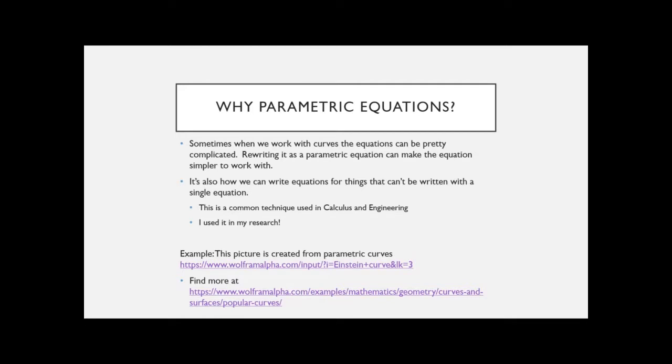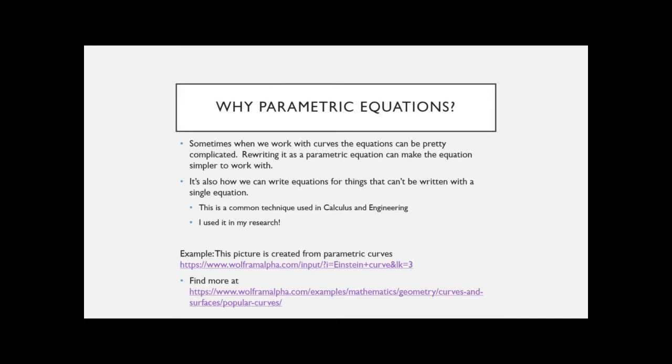When I was doing my research for my master's thesis, we were doing calculus over various shapes, like squares and diamonds, and there's an equation for circles, but there's no single equation in x and y for squares and diamonds and things like that. So I had to create parametric equations so that I could create those shapes, because there isn't a single equation in x and y that does it.